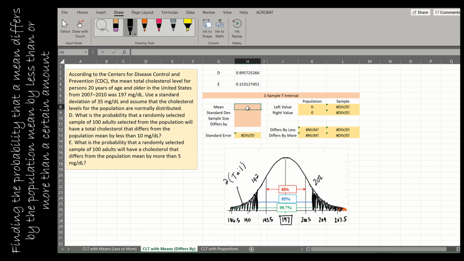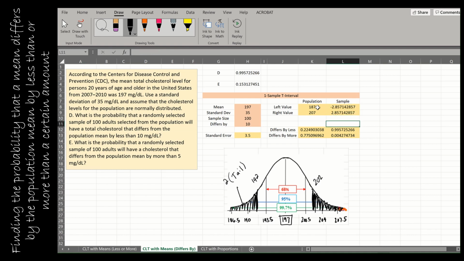So again, I could put the mean of 197 and the standard deviation of 35 and the sample size of 100. And of course the sample size is just going to get that standard error for me. And then differs by. So if I say that it differs by less than 10, I'm just going to put a 10 in differs by, and then magically it's going to show me the 187 and the 207, which were the two values, and these are the z-scores for those values should you need them.